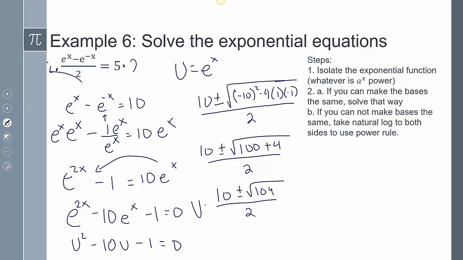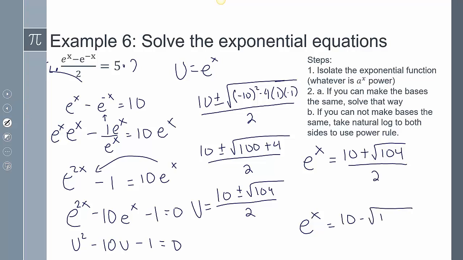But we have to remember this is u equals. Well, we said u is the same as e to the x. So e to the x equals 10 plus the square root of 104 all over 2. And I have e to the x equals 10 minus the square root of 104 all over 2.